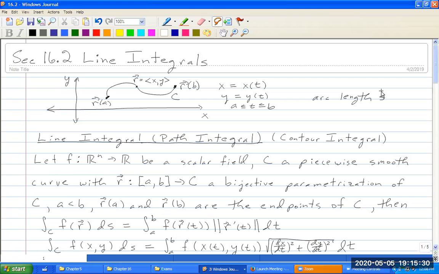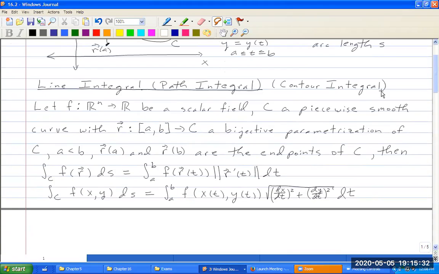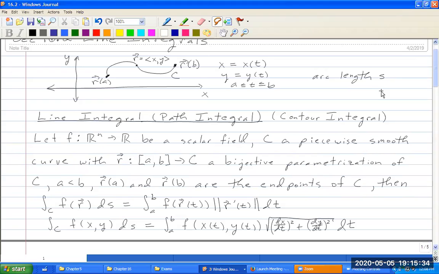So first, let me do the line integral. This is also called, in physics, the path integral. And in complex analysis, this is also called the contour integral.